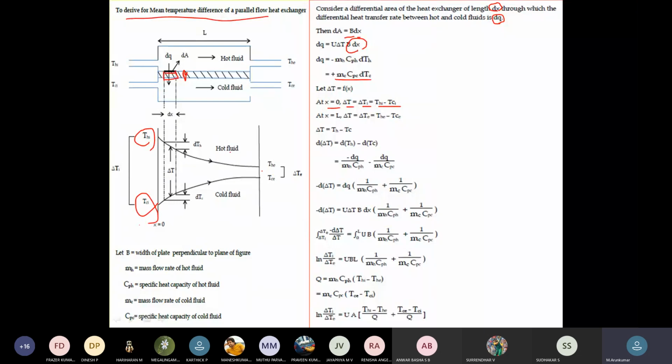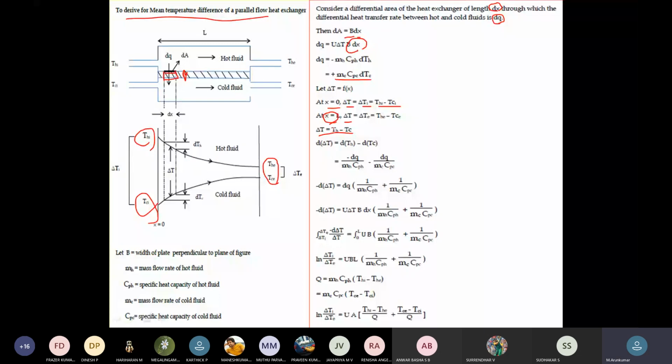If x is L, the delta T will be at the exit, so it will be this one, T_he minus T_ce. The delta T is T_h minus T_c at any state.